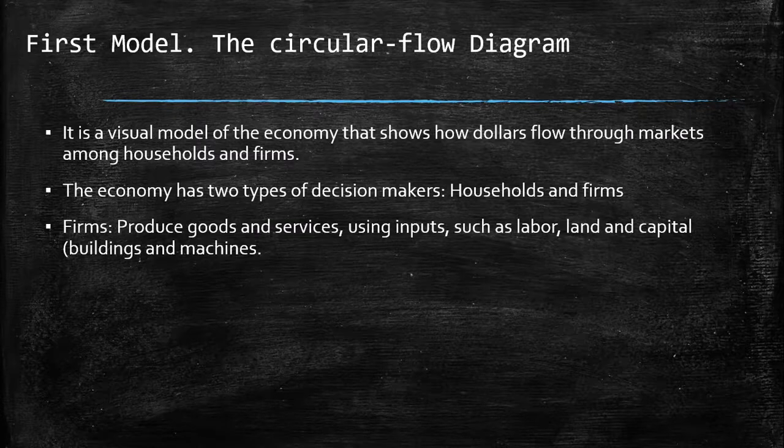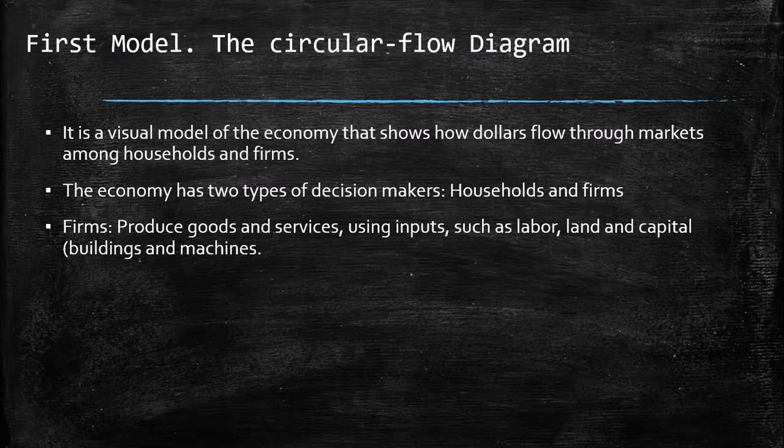On the one hand, we have the firms. They produce goods and services, but in order to produce them they need inputs. What are the inputs? They need labor, land, and capital. What is capital? We can associate it with buildings and machines.